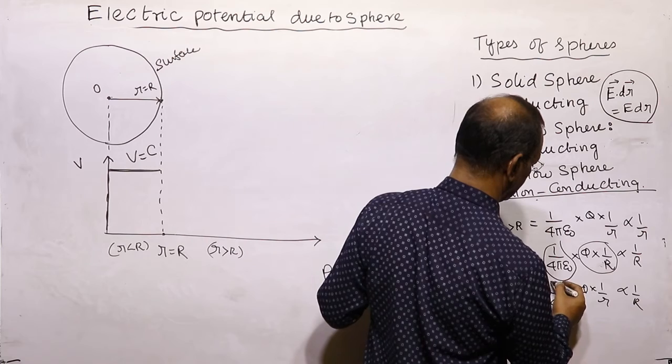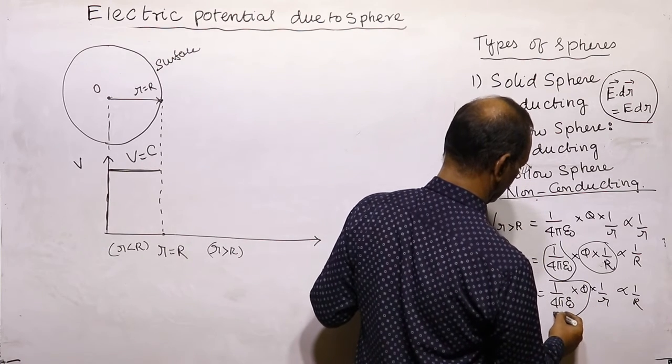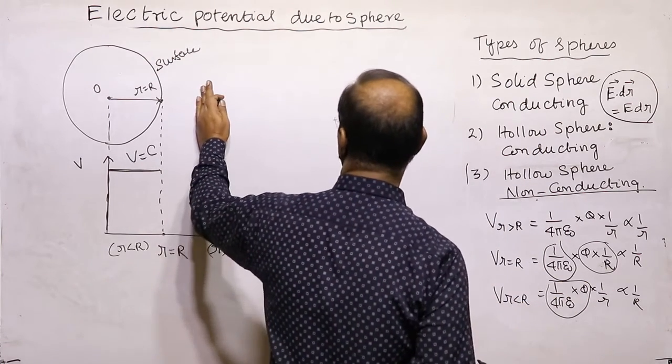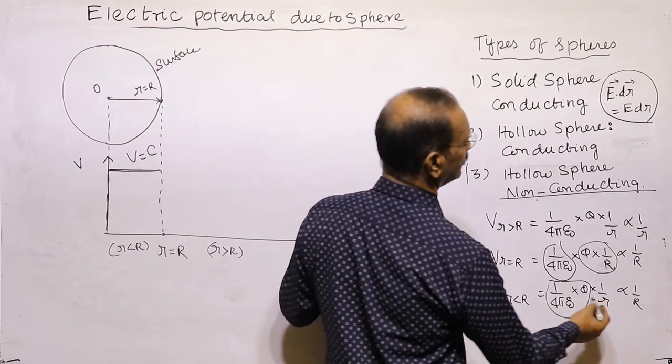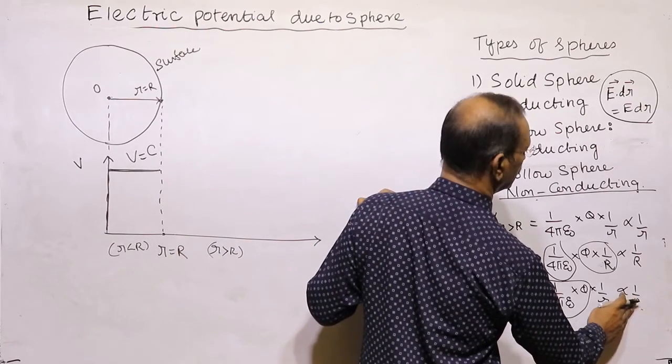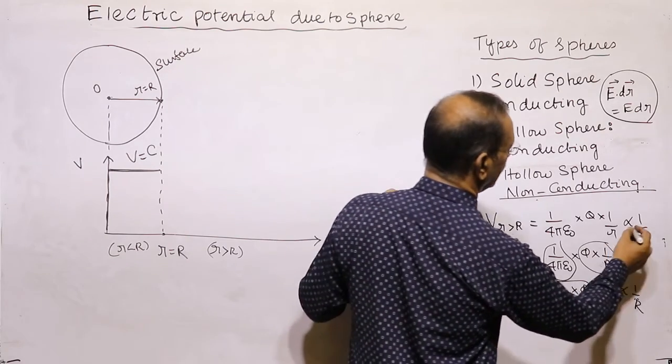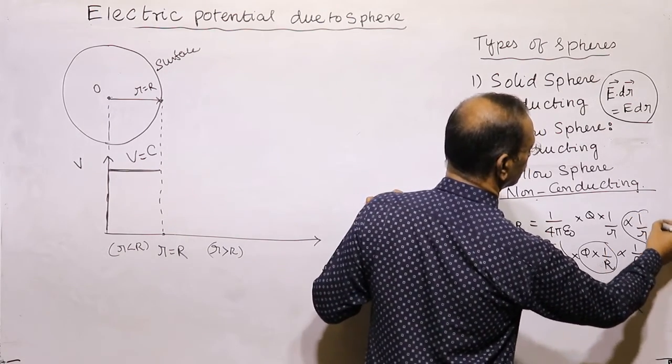See, this is constant, this is also constant. When r is greater than R, at a distance outside the radius, the potential varies inversely as r.